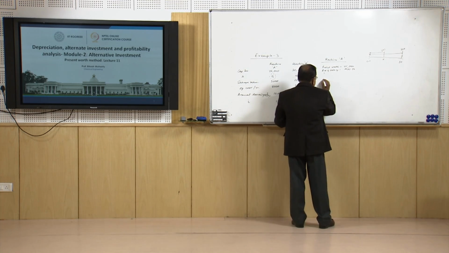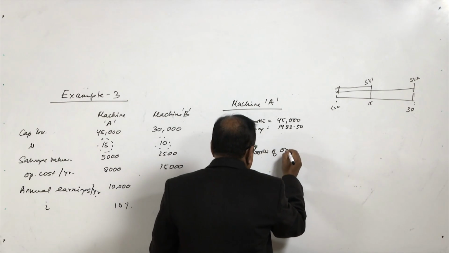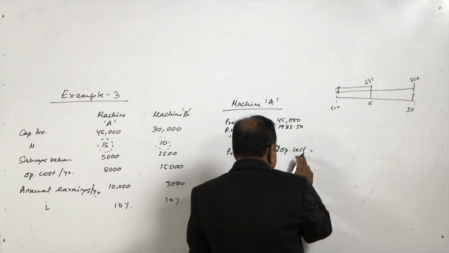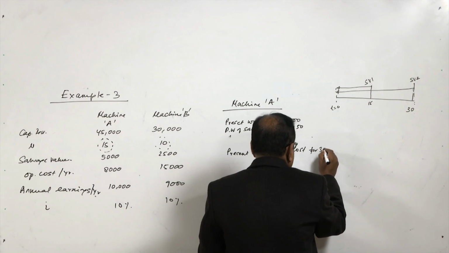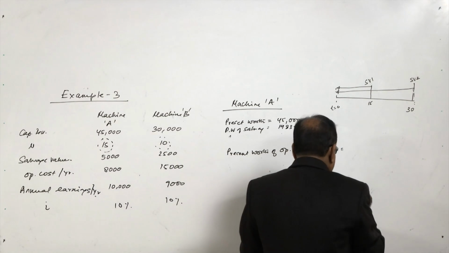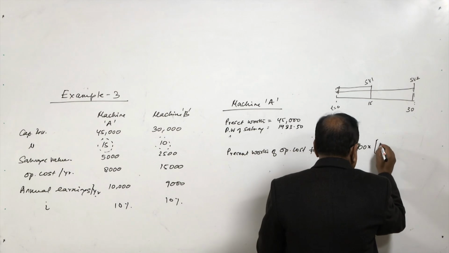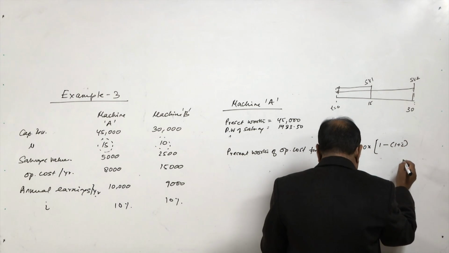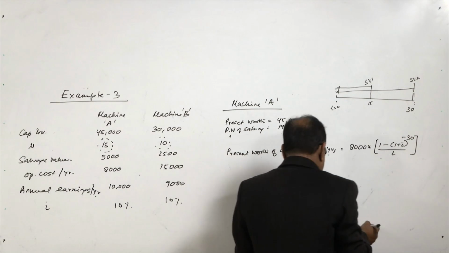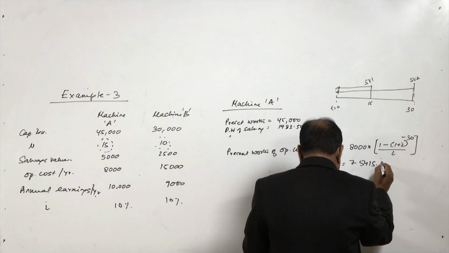So, present worth of operating cost, and this is for 30 years, because the time window I have taken to be 30 years, is equal to 8,000 into (1 minus (1 plus i) to the power minus 30) divided by i, and this comes out to be 75415.32.